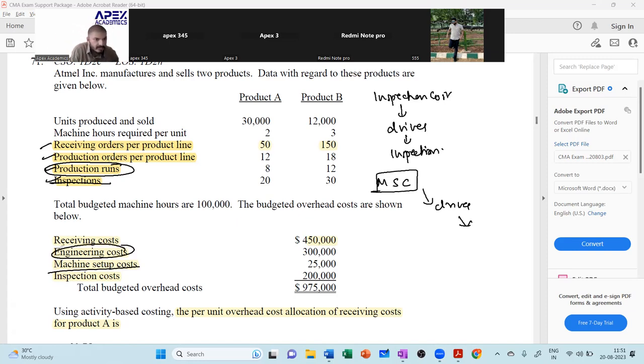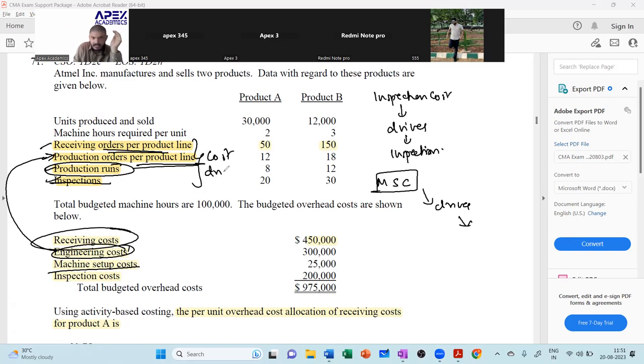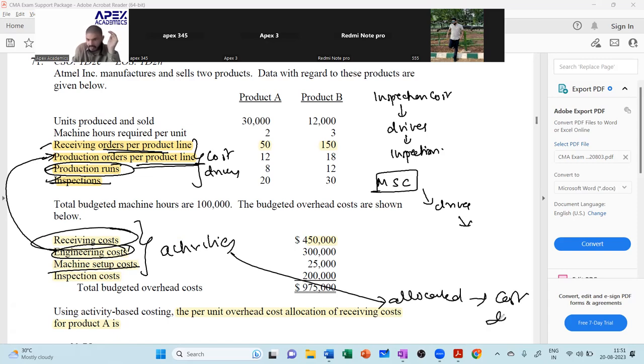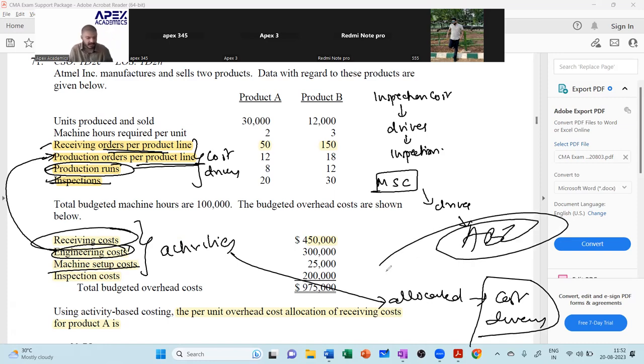Engineering cost will be driven by production orders per product line. The higher the number of orders, the more engineering you require. Receiving costs: the higher the receiving orders, the higher the cost. So what are these? These are the cost drivers. And what are these? These are the activities. These activities have to be allocated based on your cost drivers. This whole thing is activity-based costing. Are you with me on that? Yes or no? Please tell me. Does it help you?